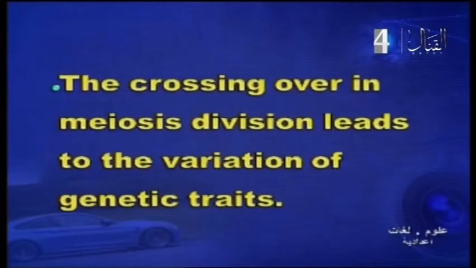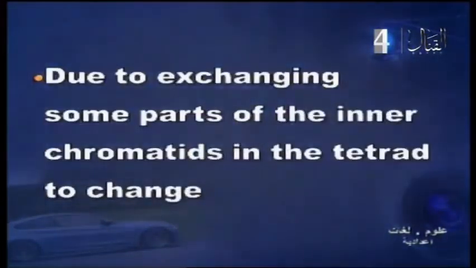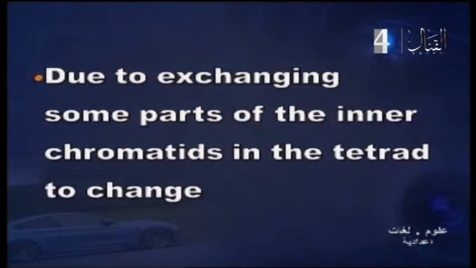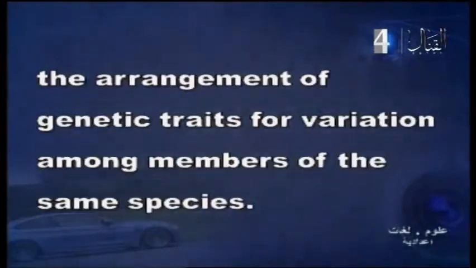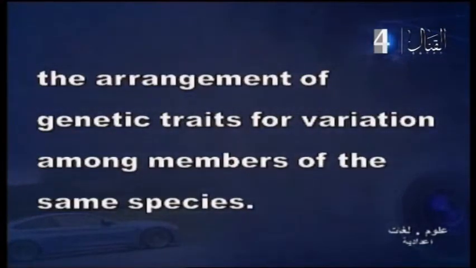Why? To form new genetic variation. So here, due to exchanging some parts of inner chromatids in the tetrads, the arrangement of genetic traits changes for variation among members of the same species.